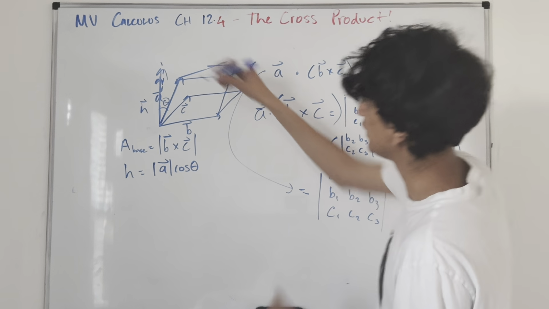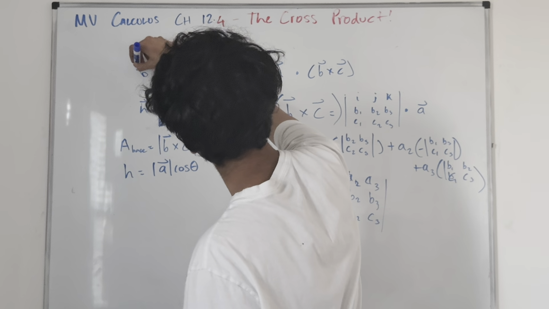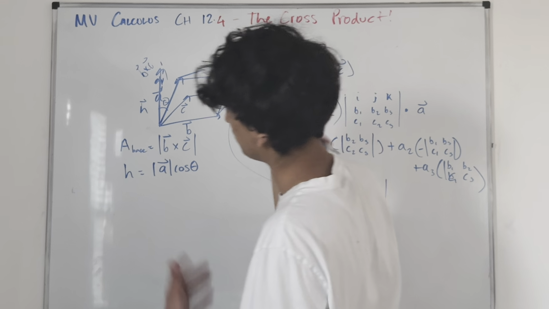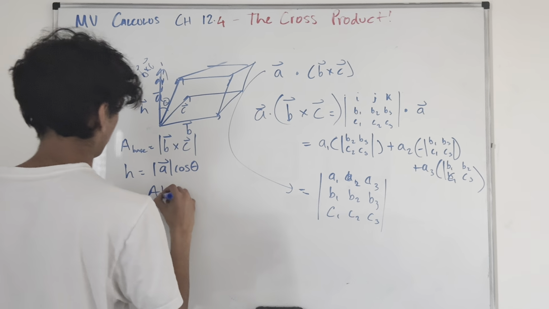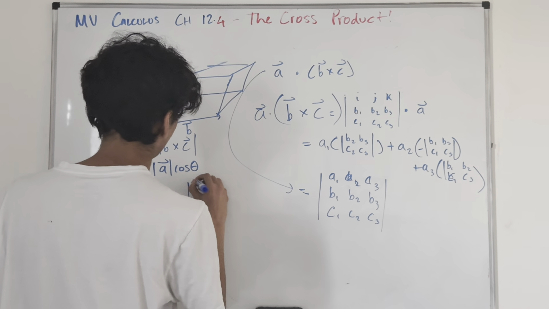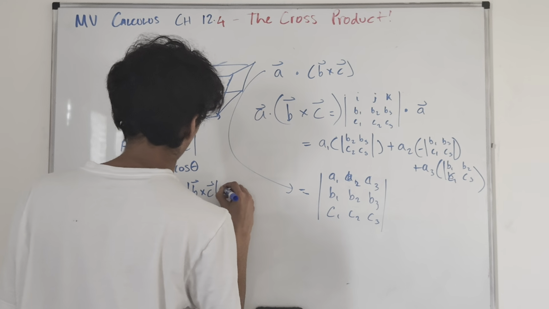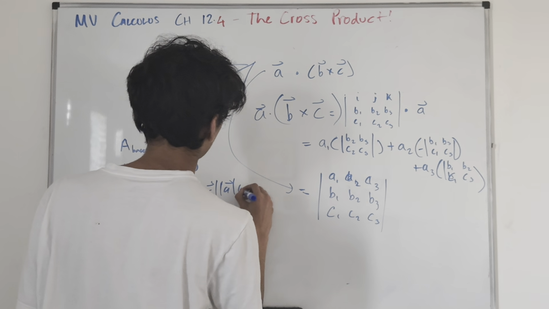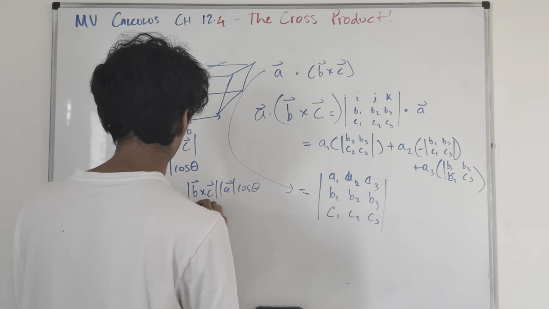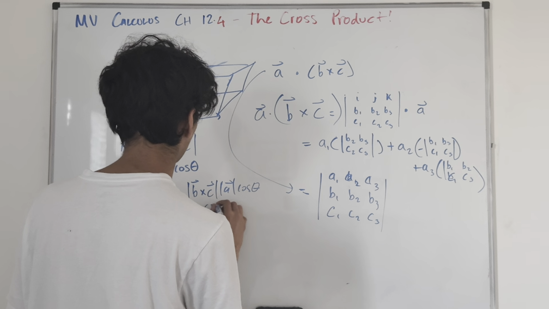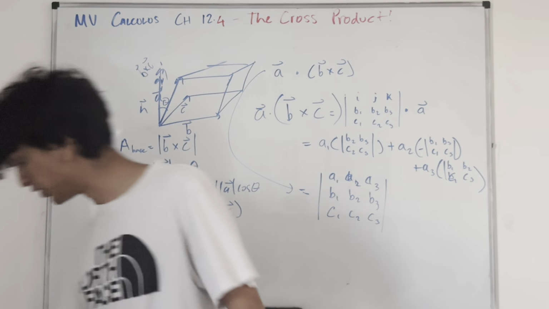So if this is B cross C, then this angle theta is really just an angle between B cross C and A. So when I do area times height, I'm really doing the magnitude of B cross C times the magnitude of A cosine theta. This is a dot product, right? Because this is the angle in between them. So this is the same thing as A dot the vector B cross C. So the volume ends up being this scalar triple product, which is pretty cool.